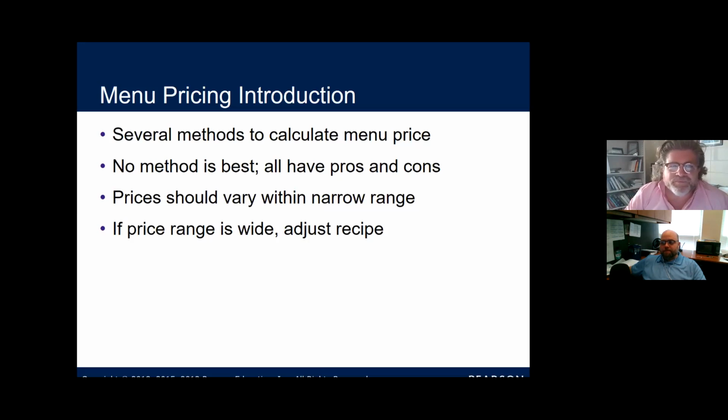There are a lot of different methods here. I'll talk about a couple of them. Some of them I may skip. There are a lot of different methods for calculating menu prices. There is no single best method because there are upsides and downsides to all of them. What you're looking to do is maximize your profit in your restaurant.